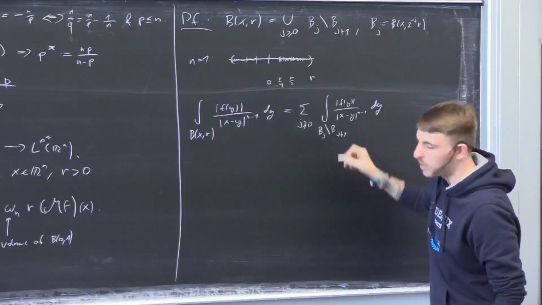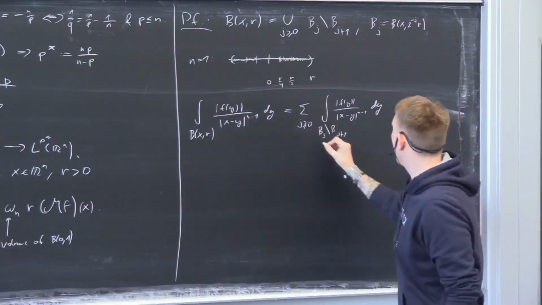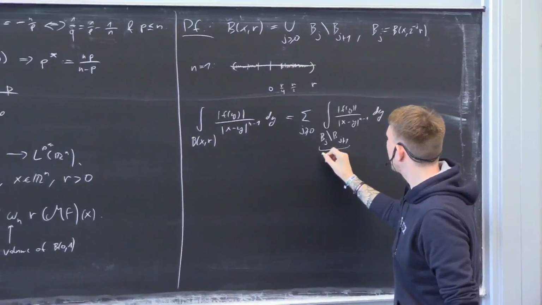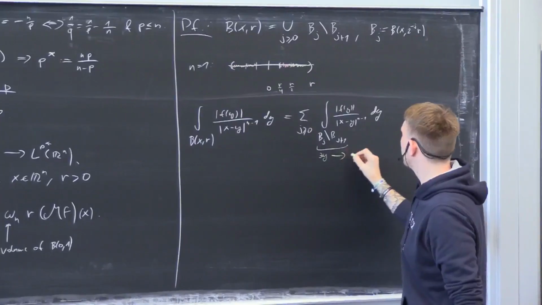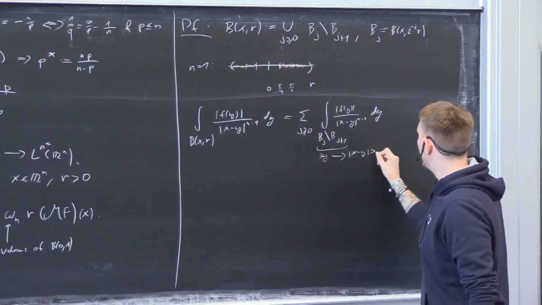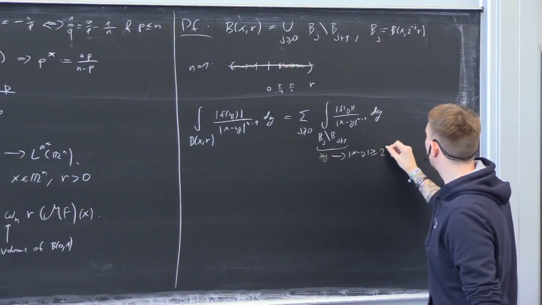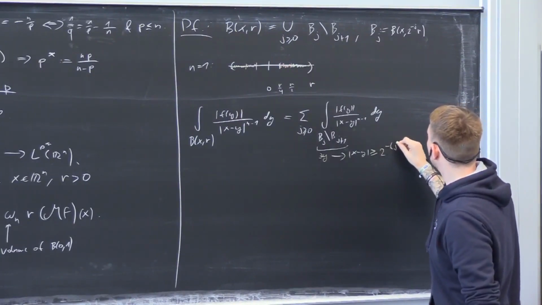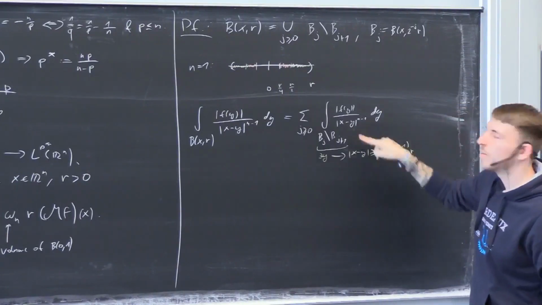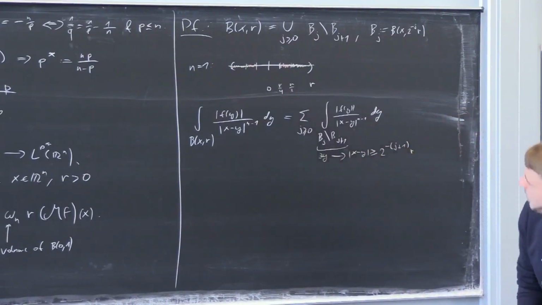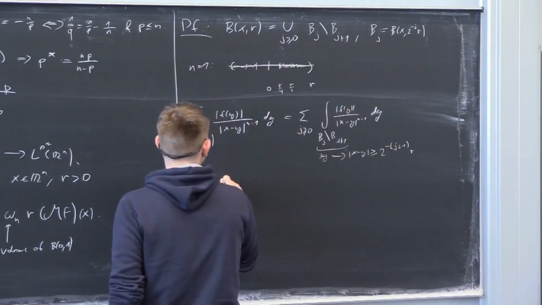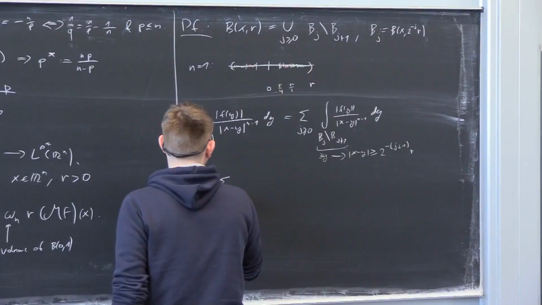So when y comes from this shell, it gives me that |x minus y| is at least 2 to the minus (j plus 1) times r. And this I plug into this kernel estimate. Then I get that the whole expression is less than the sum over j.